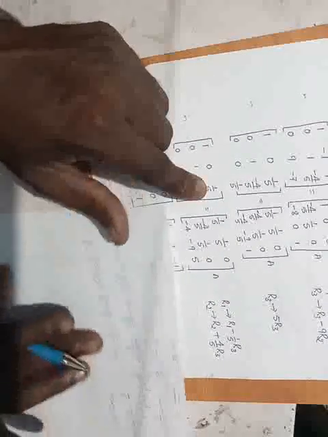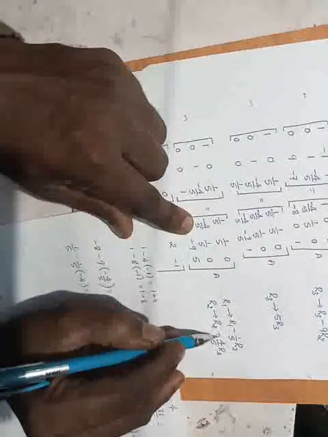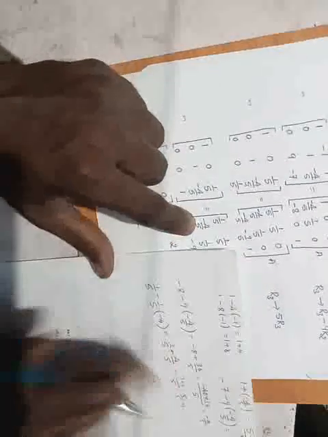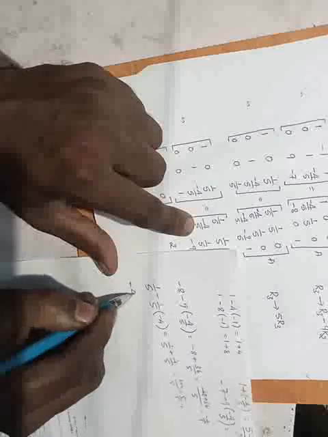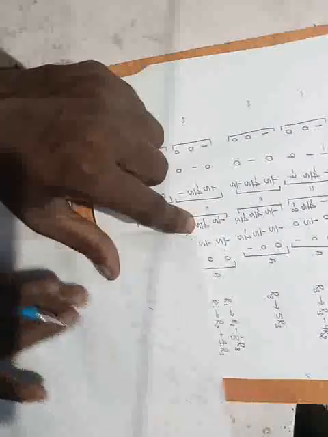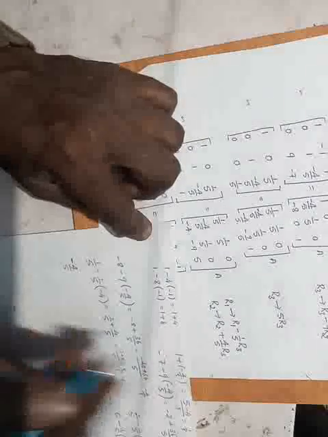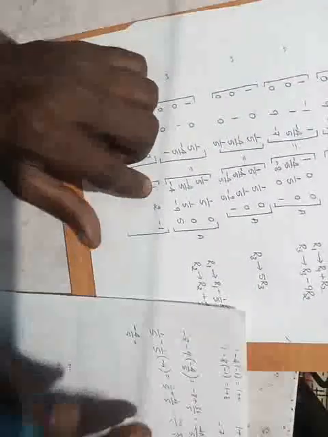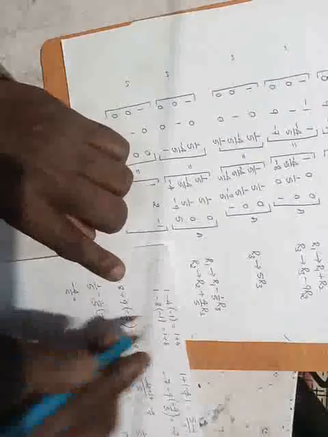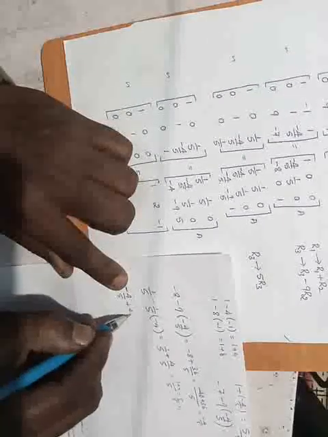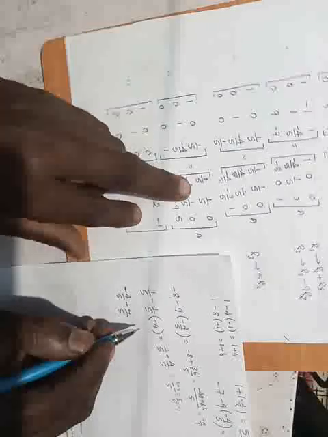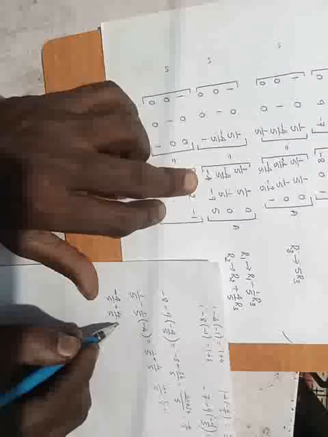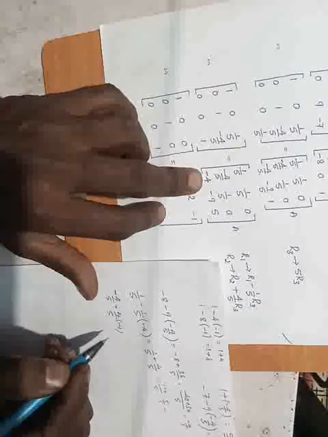Yes, this is the first row. Next go to the second row. So R2 plus 4 by 5 R3. So R2 means this minus 4 by 5. So I am writing here minus 4 divided by 5, this element, and plus 4 by 5 times R3. 4 by 5 times R3 means minus 4 this element.